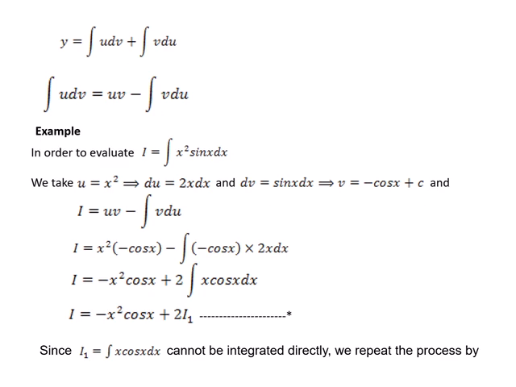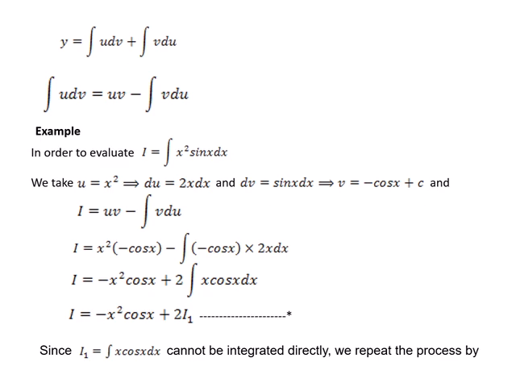Now we want to substitute back into the formula of integration by parts. The formula we derived there is integral u dv equals uv minus integral v du. You substitute all this back into the formula. The question is in the form of integral u dv, which is s squared sin s ds, and it's the one we are going to look into now.